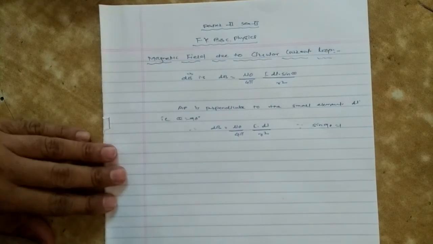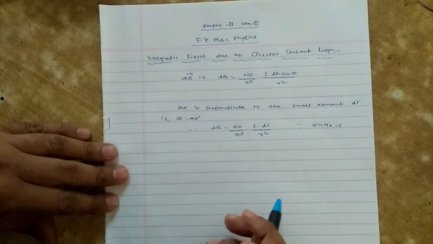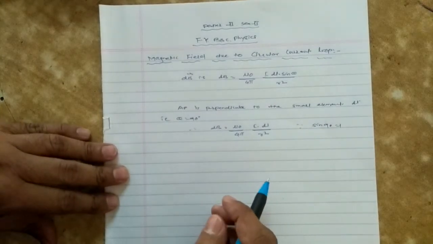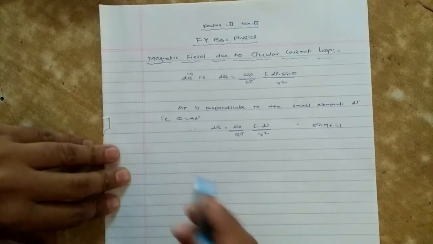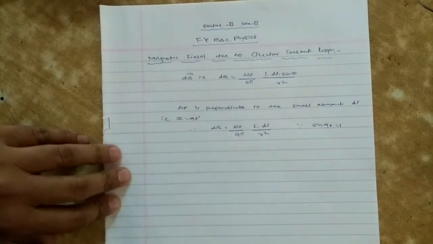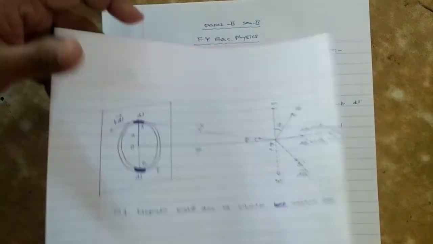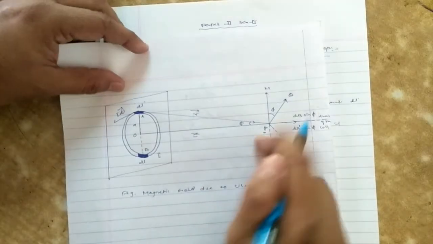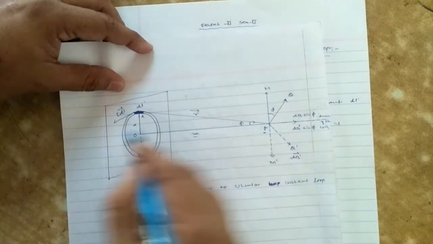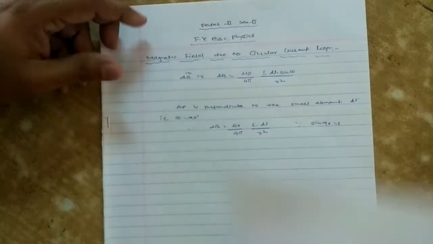The direction of dB is perpendicular to the plane containing dl and vector r, that is, PQ, perpendicular to vector r.